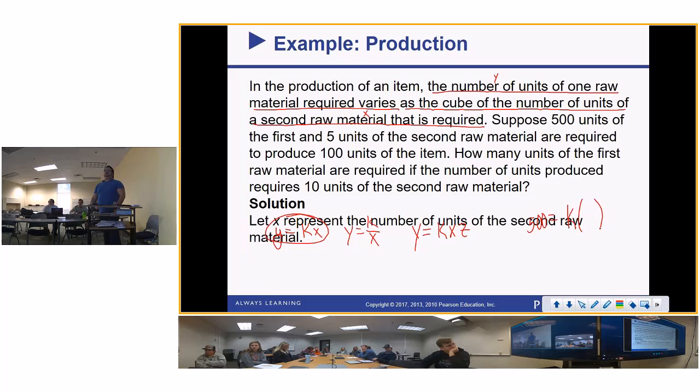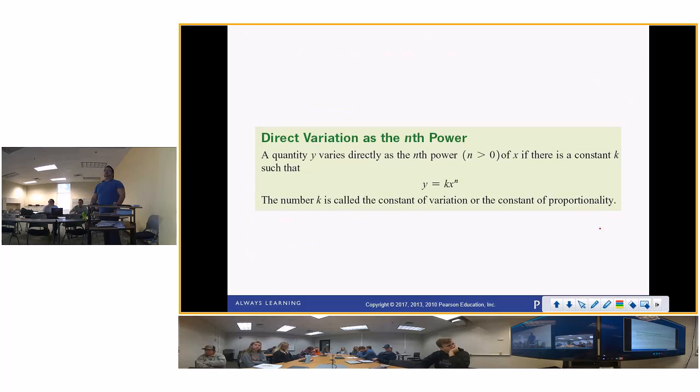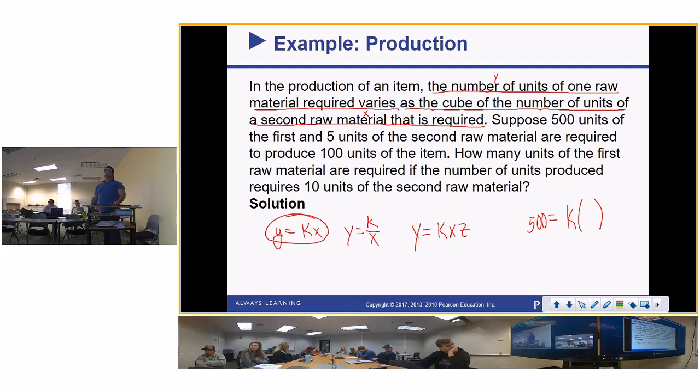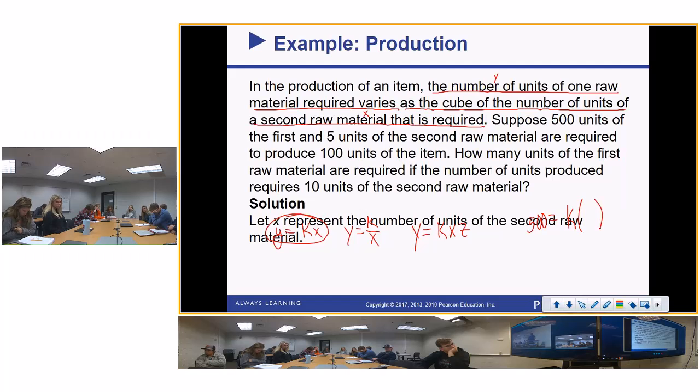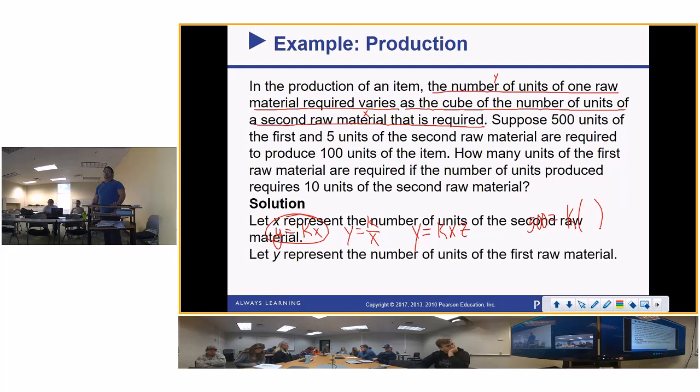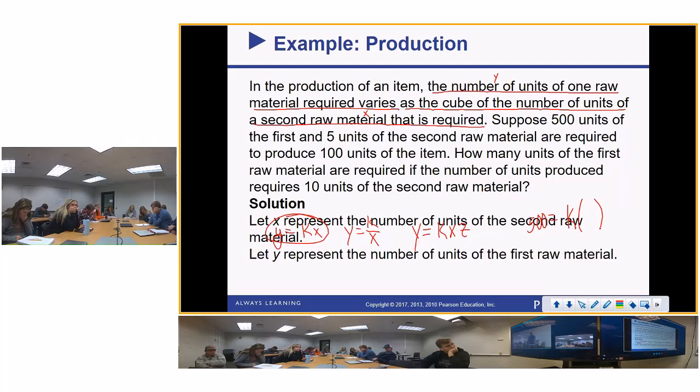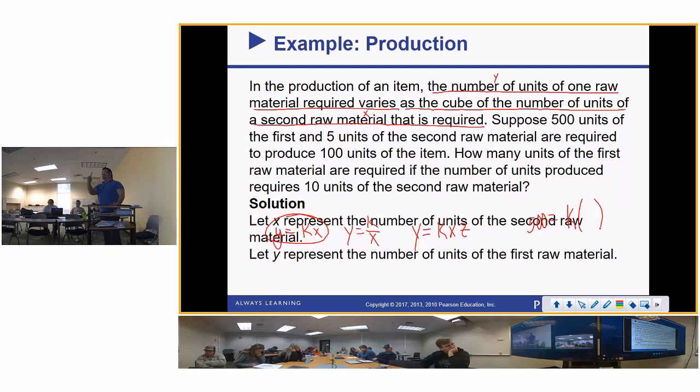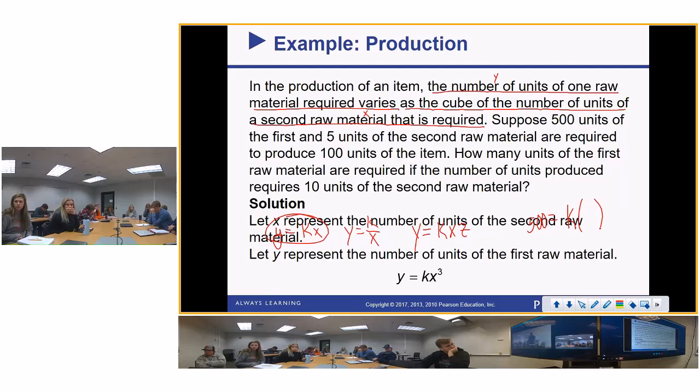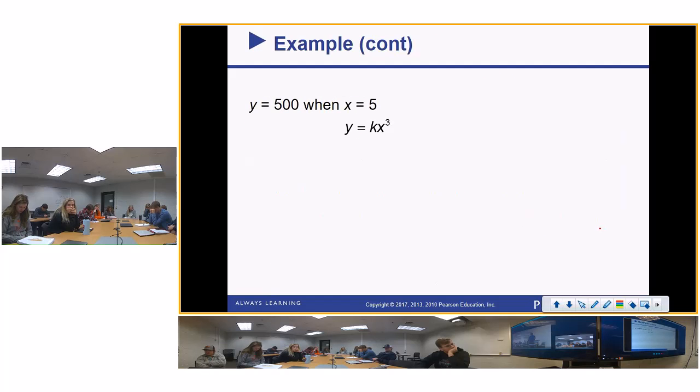How did they go from nth power, constant k, variation y varies directly as the nth power? But I don't see anything that says it should be to the third. That y represents the first raw material. I did that. I don't know where they're coming up with the 3.